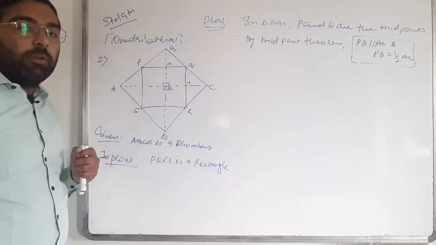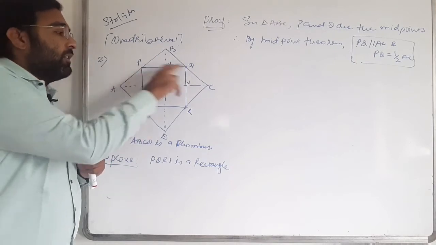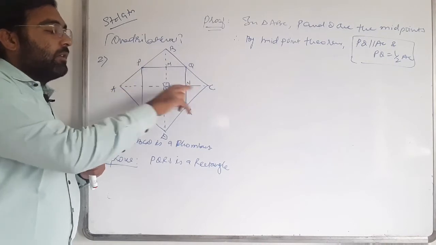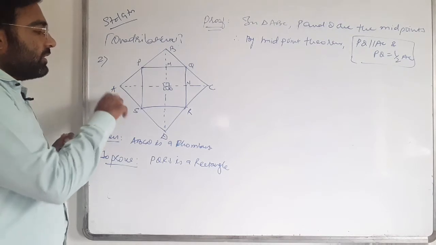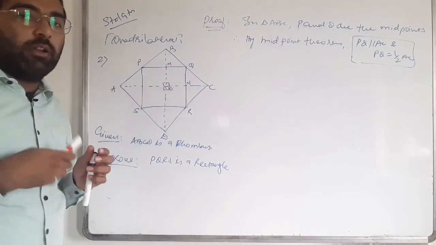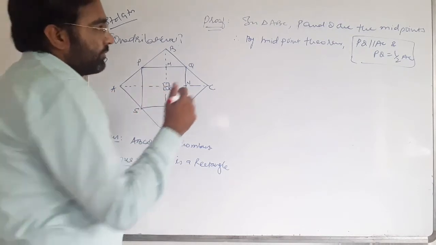Therefore, by the midpoint theorem, we say that PQ is parallel to AC and PQ is equal to half of AC. Now we are moving to triangle ADC.